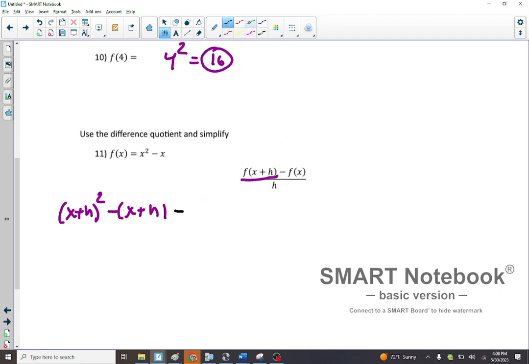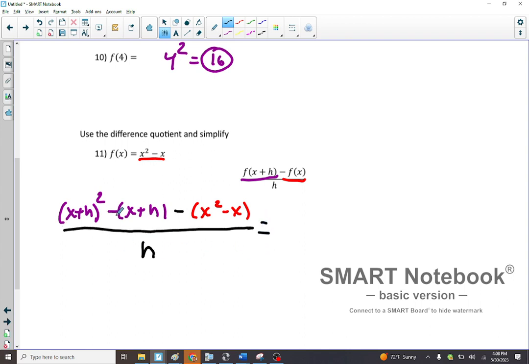We're going to subtract this part right here, which is just x squared minus x. That's just the equation here. And that's all over h.